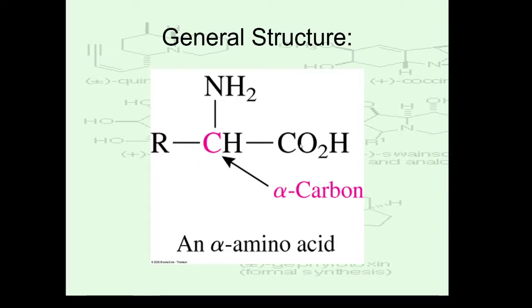Every single alpha amino acid has this general structure: an amine to a CH to COOH, or CO2H as they have it here. This side chain changes, therefore changing the amino acid. So there are 20 different side chains for our alpha amino acids, and they determine what amino acid we have.